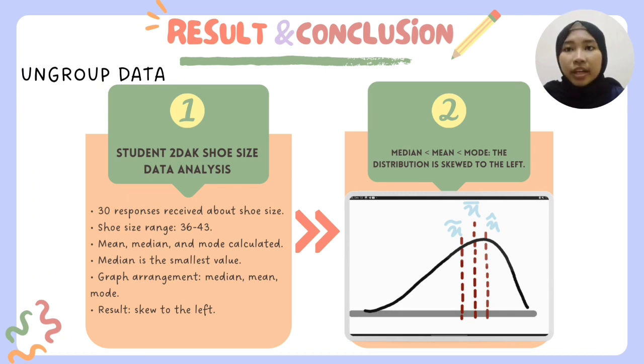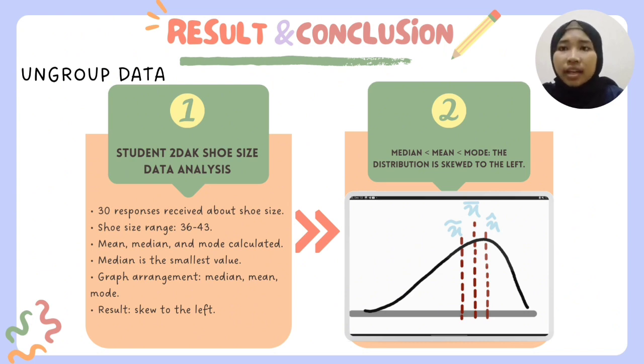So, for the ungrouped data, we collected the data from students of the AK and succeeded in getting 30 responses about their shoe size. After we reviewed the data, the range of shoe size between students of the AK is between 36 to 43.